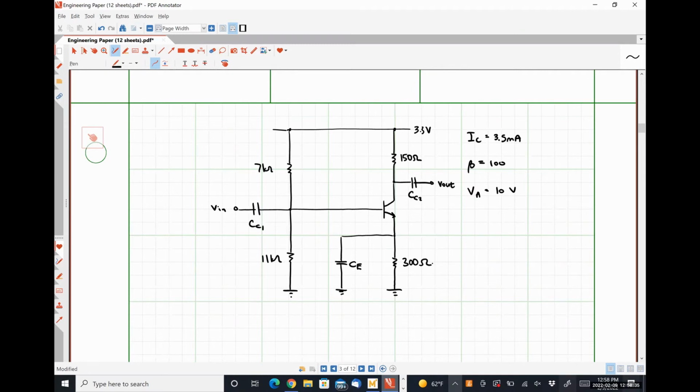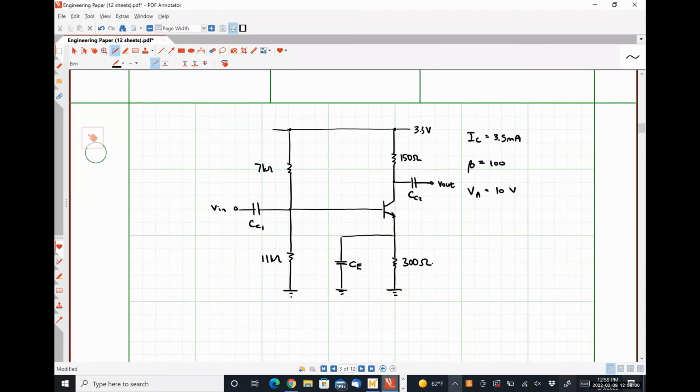Okay. So what do you guys think the first step in analyzing a circuit like this is? Identify what type of amplifier, even broadly speaking, it is, right? So our input signal is being applied at the base.